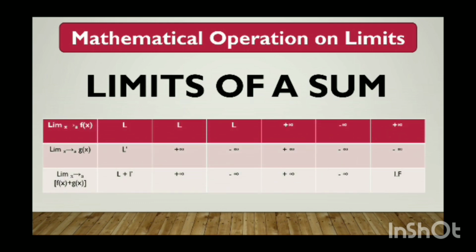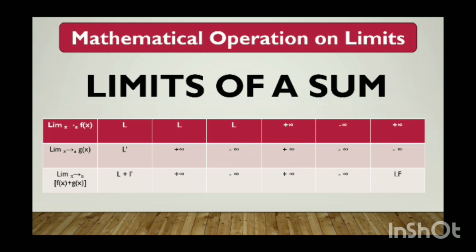In row 1, column 1, you have the limit as x tends to a of f of x. Go down to row 2, the limit as x tends to a of g of x, and finally in row 3 you have the limit as x tends to a of f of x plus g of x.